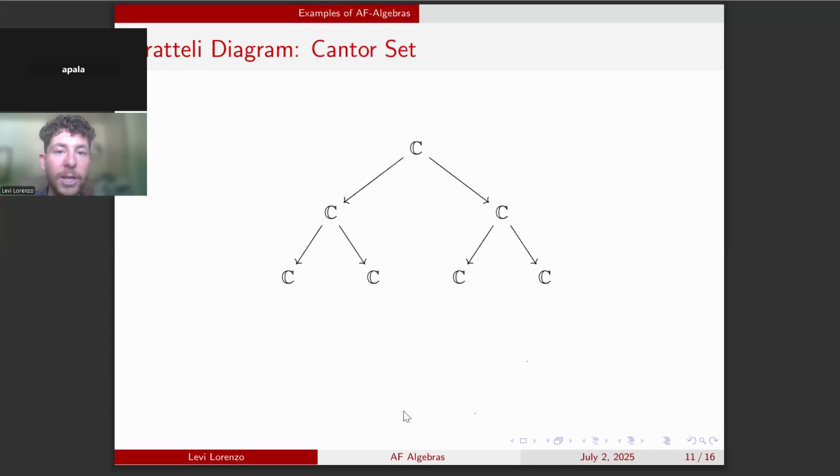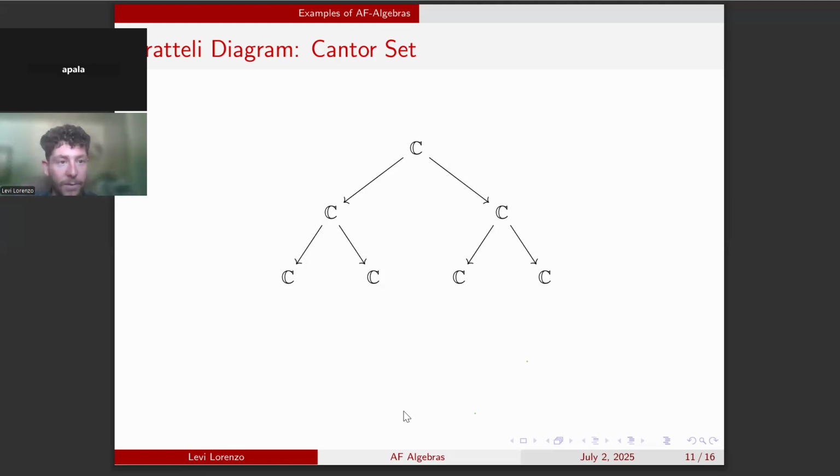Looking at the AF algebra for the Cantor set, in this Bratteli diagram we have the complex numbers, a copy at each level of this partition, or really at each element of the partition. This indicates that if you have a constant function on one level of the partition, it breaks up into constant functions at the next level.